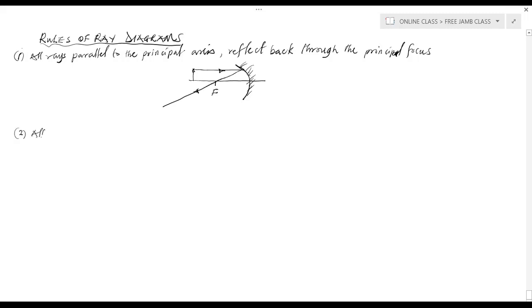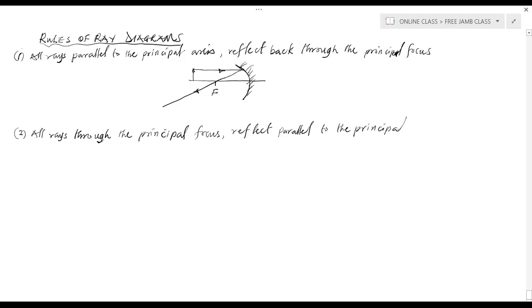all rays through the principal focus, just like the opposite of what we did, reflect parallel to the principal axis.